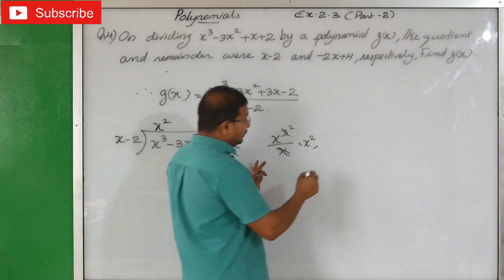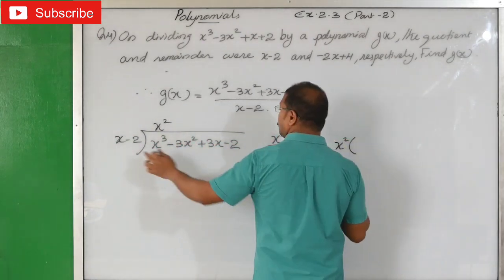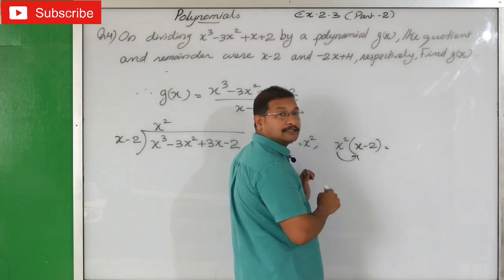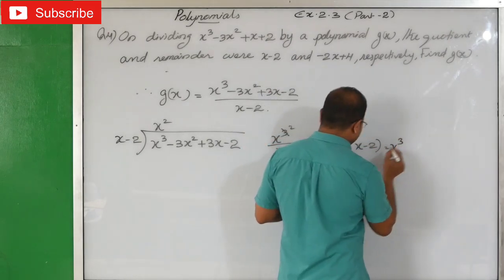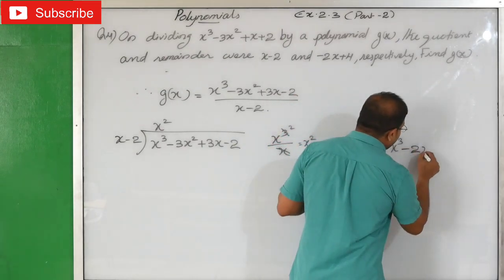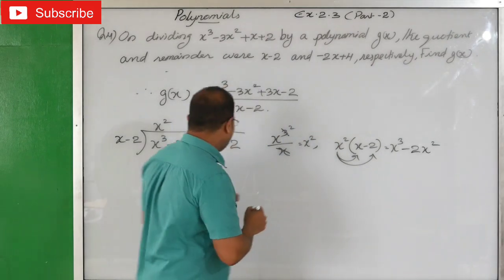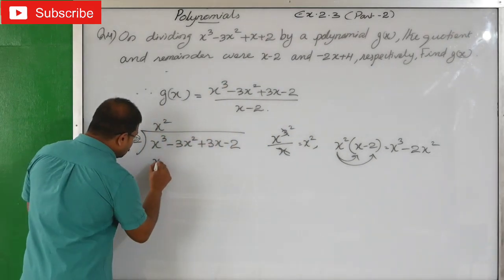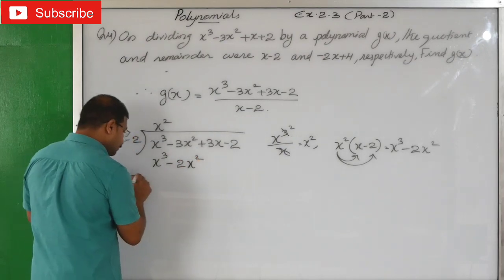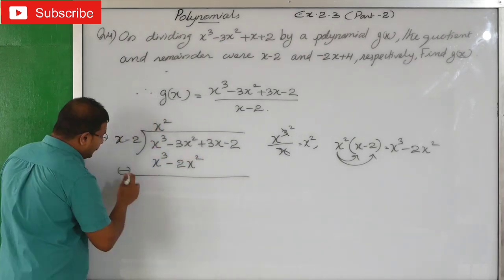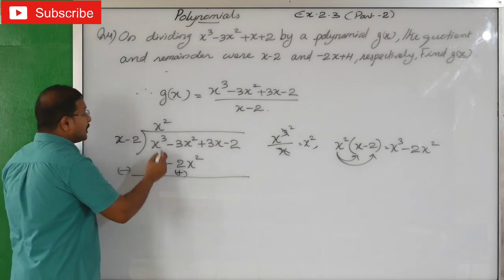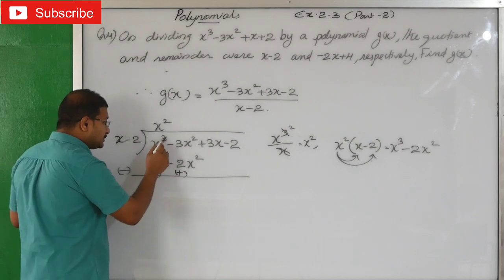After that, x square into x minus 2 equals x square into x cube. Now x square into minus 2, minus 2x square. So what will we write here? X cube minus 2x square. Now we'll subtract it. When you subtract, plus becomes minus and minus becomes plus. That means x cube minus x cube will cancel.